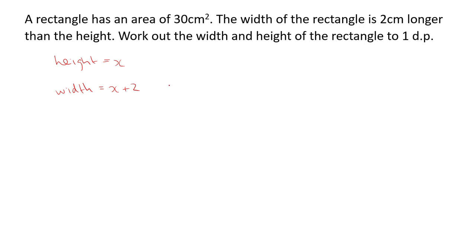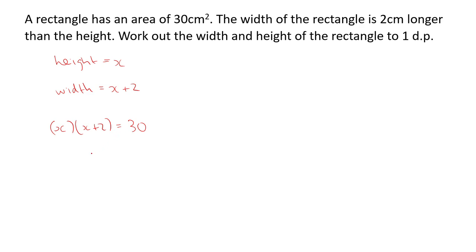Okay, when you multiply those two things together, you'll get the area of this rectangle. So x multiplied by x plus 2 will be the area, and the area, as we know, is 30 centimeters squared. I'm going to try to turn this into a quadratic equation where I make one side equal 0 so I can start solving.